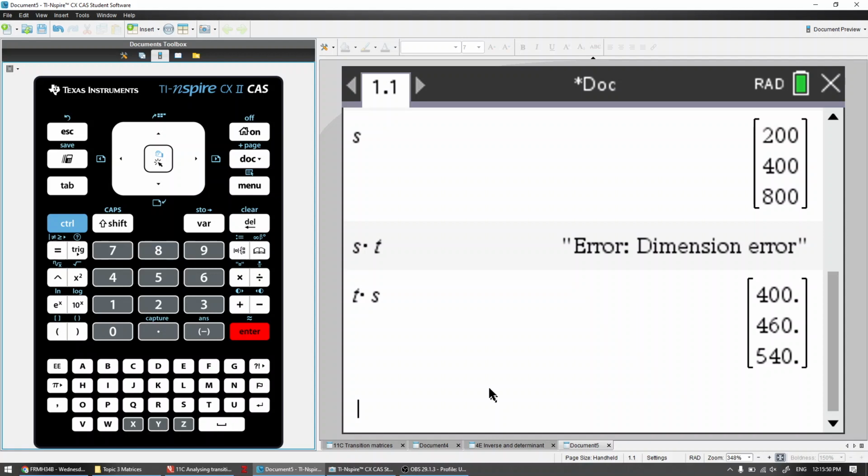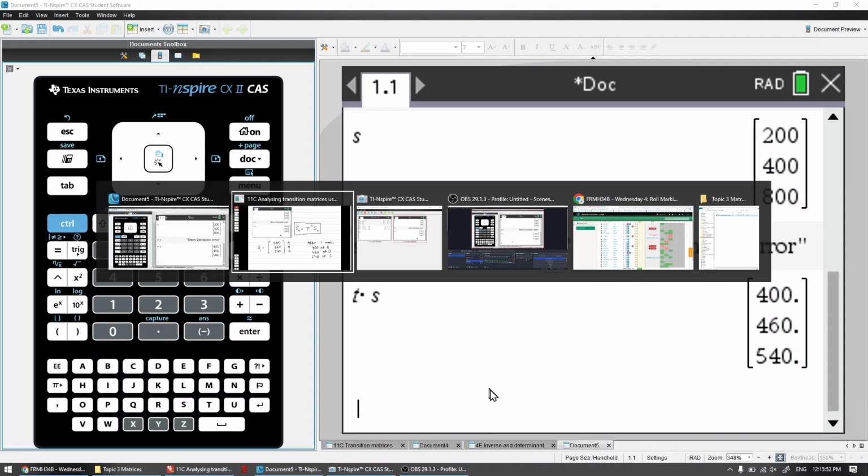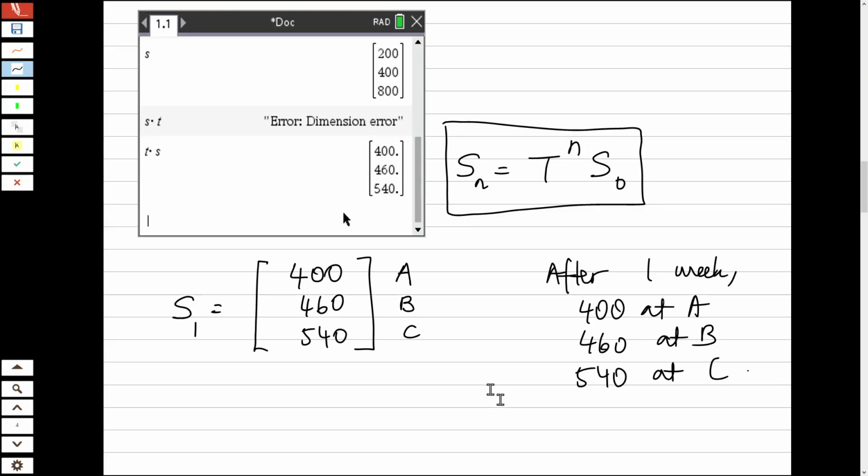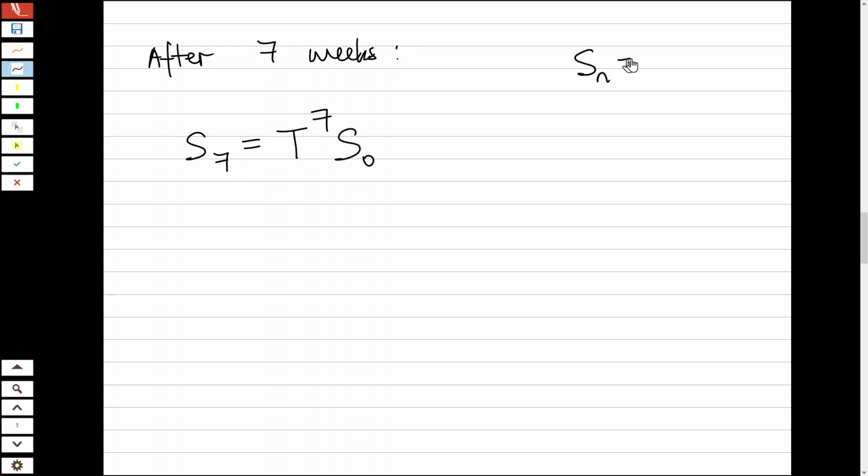S7 is equal to T to the power of 7 times S naught, because you've used the formula Sn equals Tn S naught. It's 686.